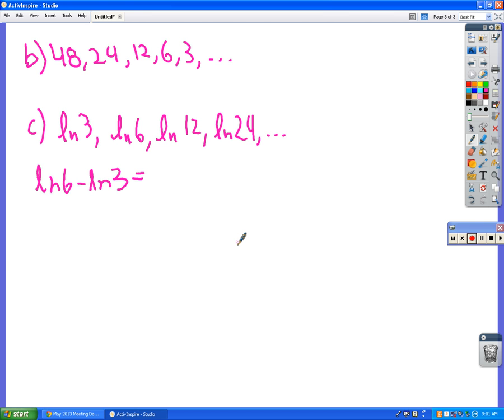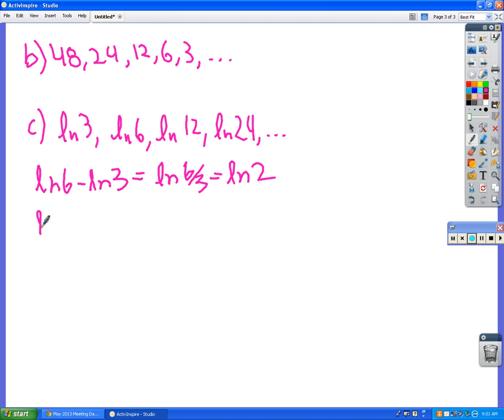So what is the natural log of 6 minus the natural log of 3? Remember your rules of natural logs. What can you do when you're subtracting logs? Subtraction is the same as division. So this would be the same as the natural log of 6 divided by 3, which is the natural log of 2.